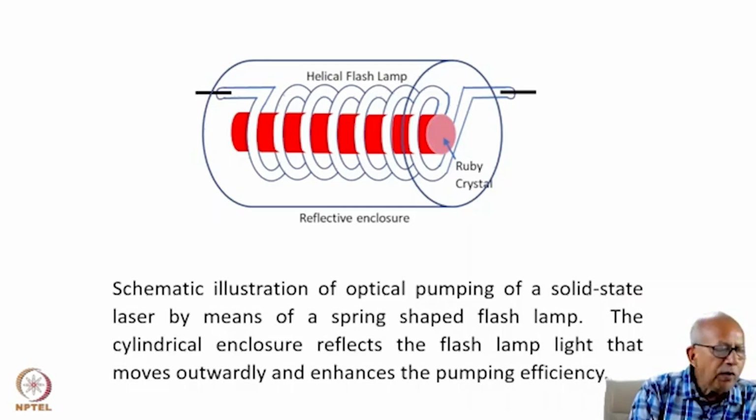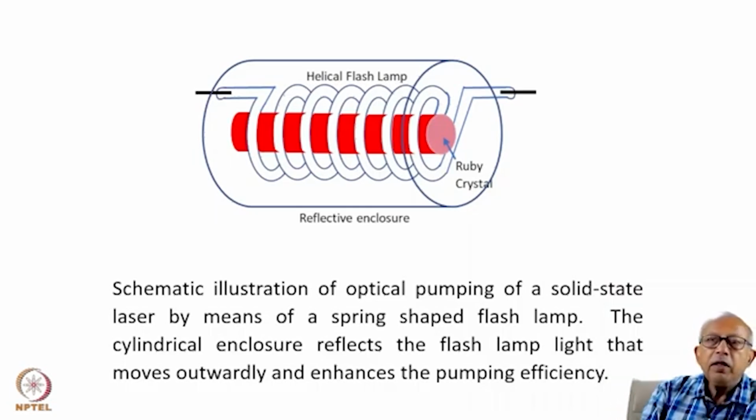The optical pumping of gas lasers, as I said, on the other hand, is usually accomplished by deriving coherent light from a second laser, as I just explained. The optical pumping schemes that vary from laser to laser will be described in greater detail when we study specific laser systems.